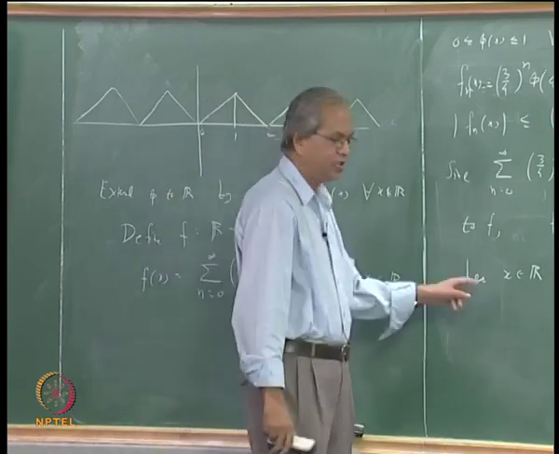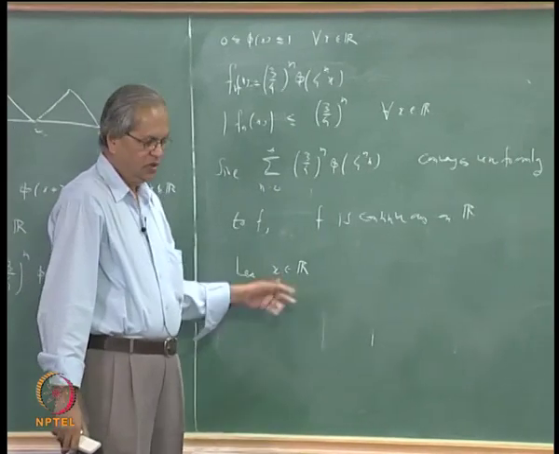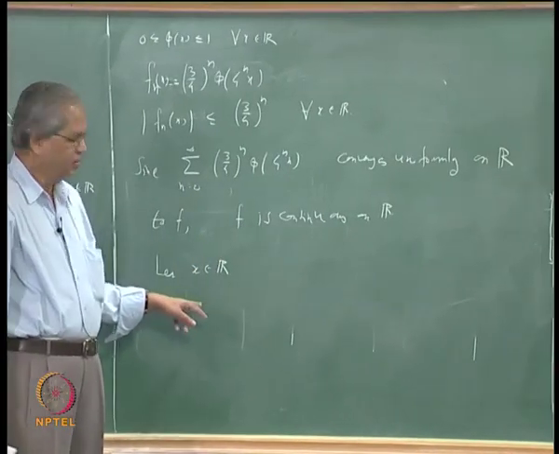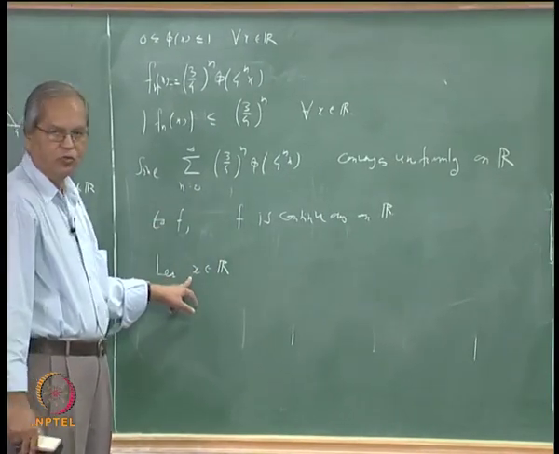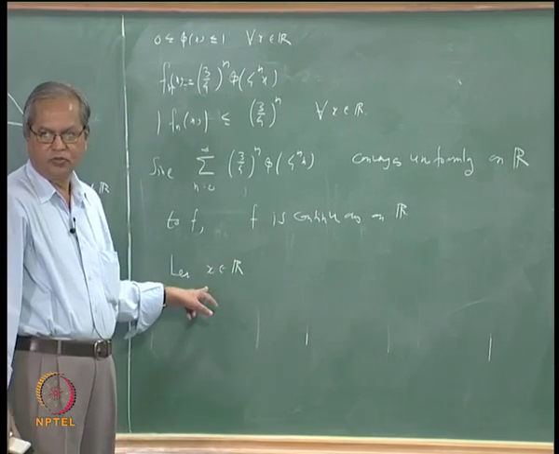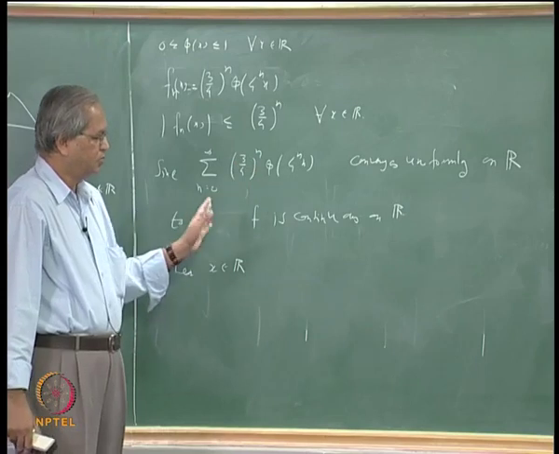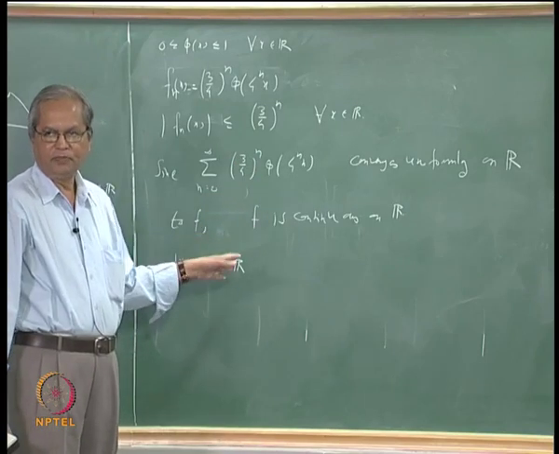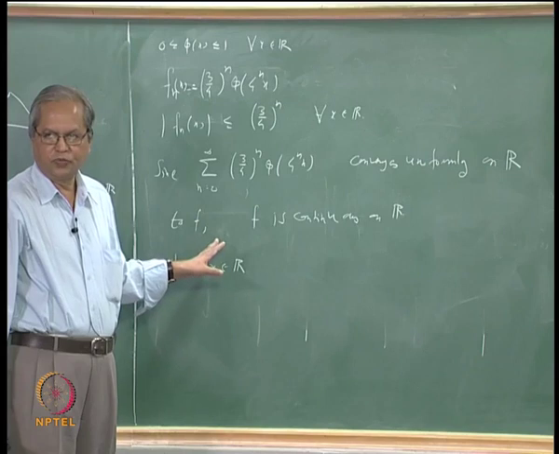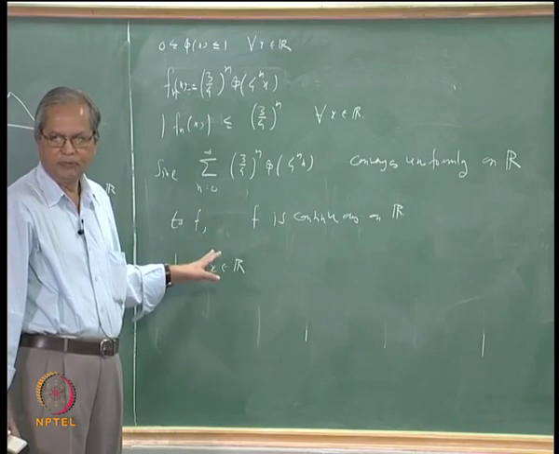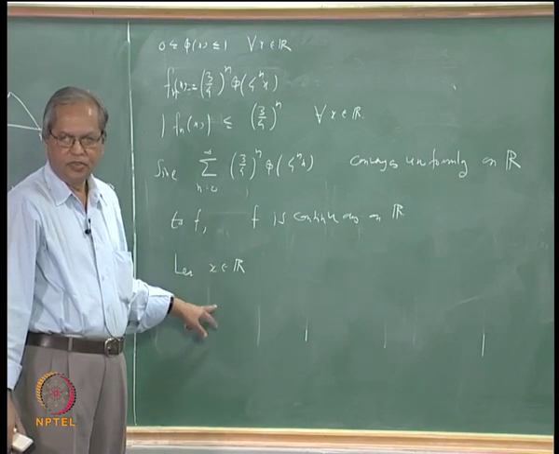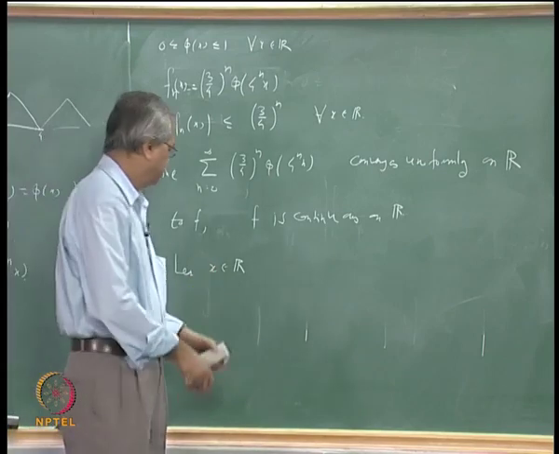We will construct two sequences, alpha m and beta m, such that alpha m is less than or equal to x, beta m is bigger than or equal to x, both converge to x, but f of beta m minus f of alpha m divided by beta m minus alpha m is not a convergent sequence. Suppose we show that, then this will be proved.